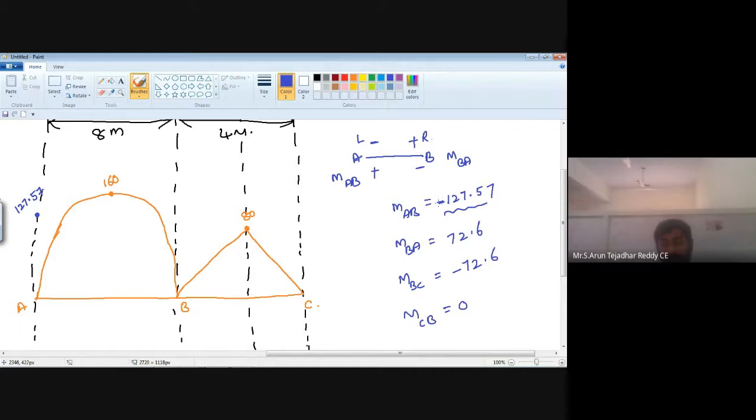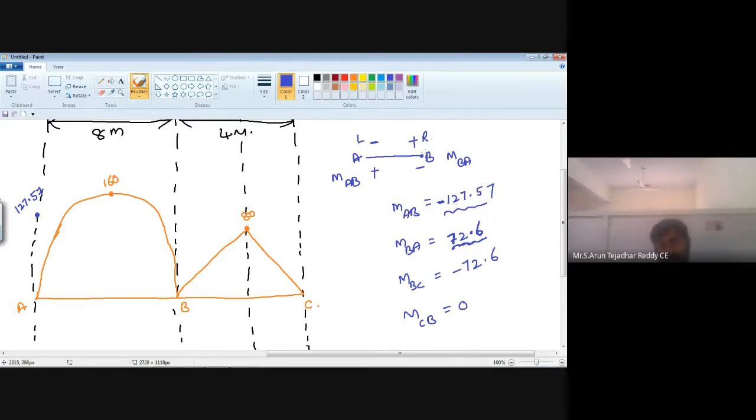Okay. Now MAB completed. Now MBA. It means right to left. MBA value is 72.6. Here we got positive bending moment diagram. 72.6 means it's a positive bending moment diagram.